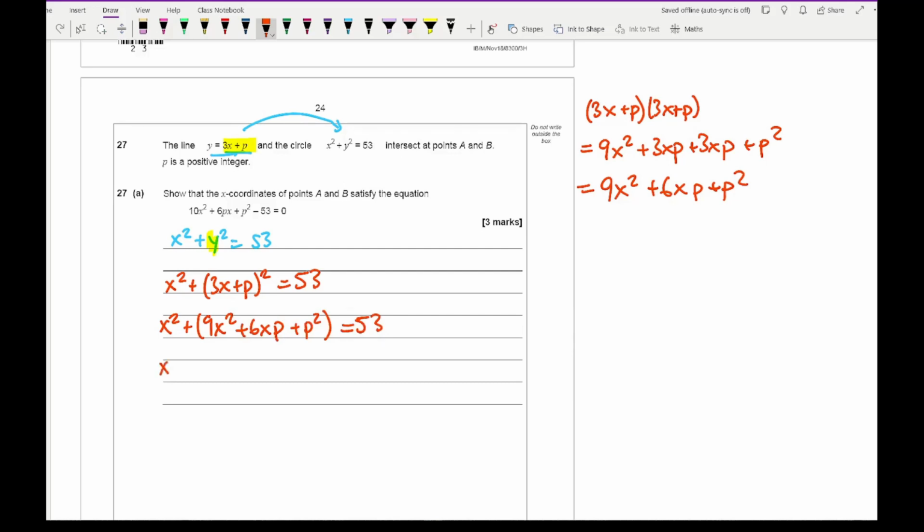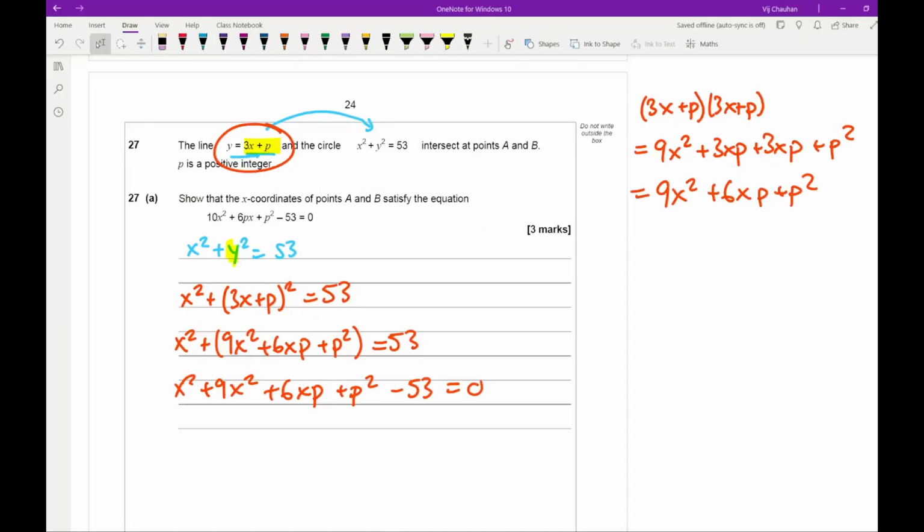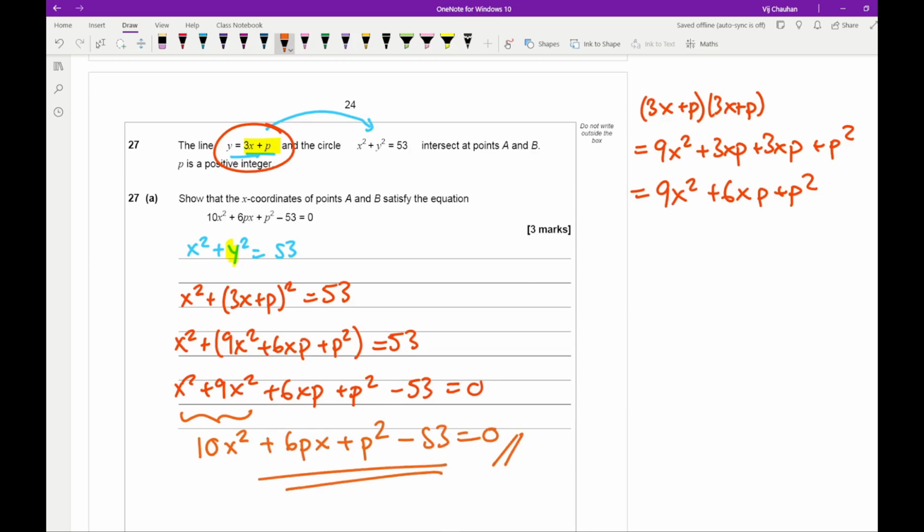So I've got x squared plus 9x squared plus 6xp plus p squared minus 53 equals 0. And then all that's left for us to do is neaten this up by collecting our like terms of x squared, which gives us 10x squared, plus 6px plus p squared minus 53 equals 0, which is exactly what they wanted us to show.